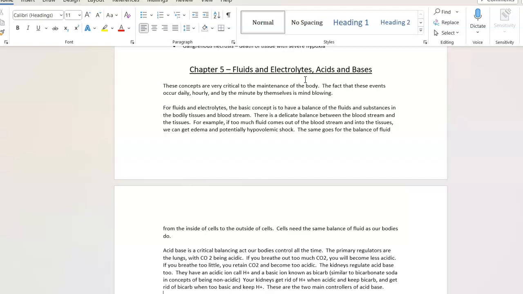So for fluids and electrolytes, it's balancing those fluids and those substances to isotonic solutions. Unless there's an issue, of course, you will treat with a different type of solution. But in a perfect world, when we are balanced, we will have the proper isotonic amount of substances in our body. So you have your waters, you have your electrolytes, such as your sodiums and your potassiums we spoke about.